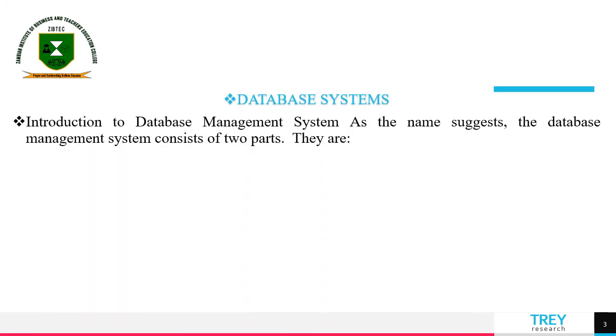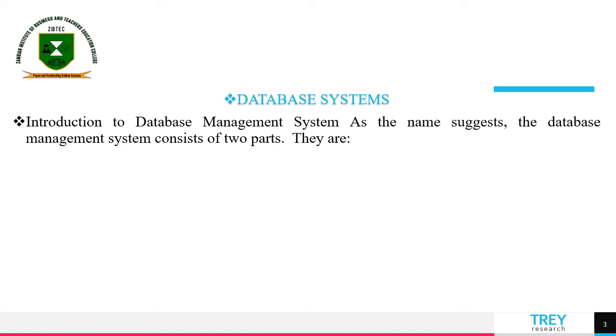Now, having introduced the topic, we first need to know what a database is. When someone mentions the word database, we first need to know the definition of this database system. The first point is an introduction to database systems.